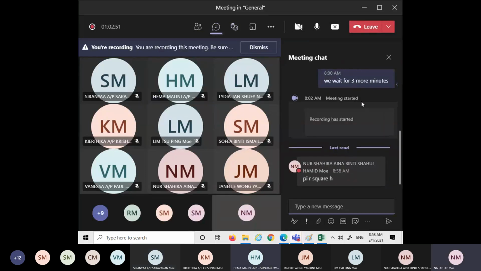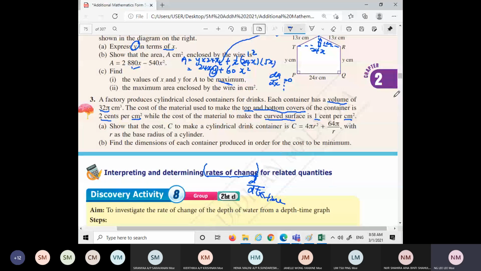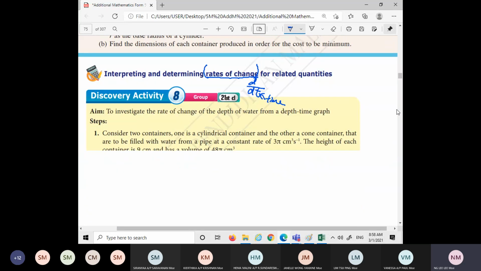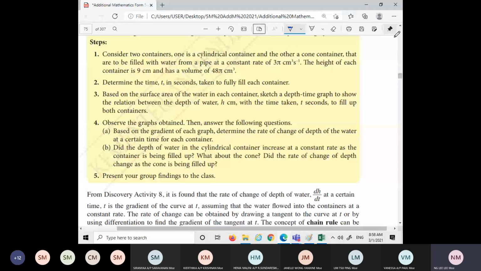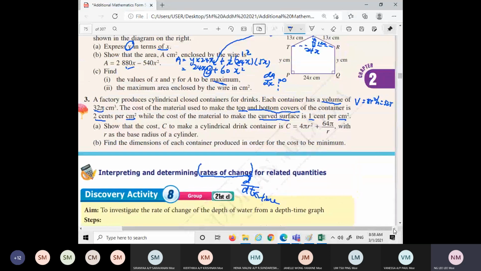Pi r square h. Okay, so volume is pi r square h equal to 32 pi.